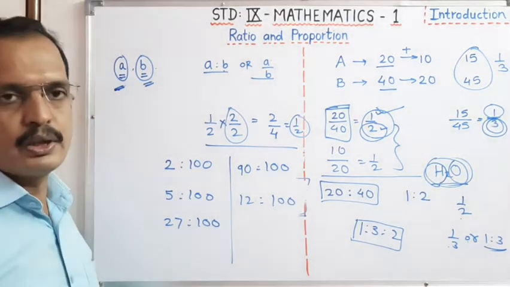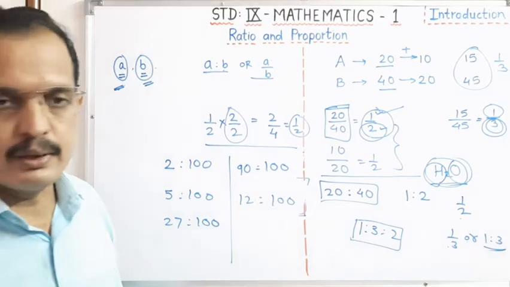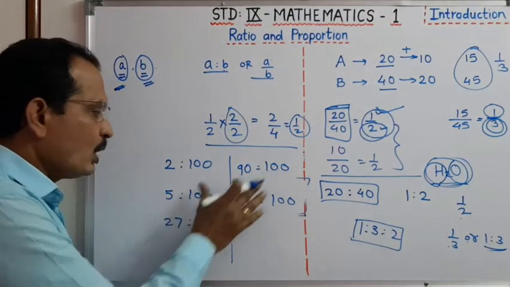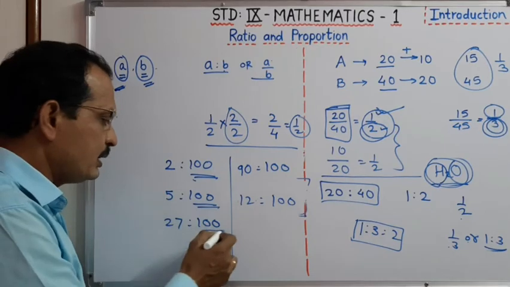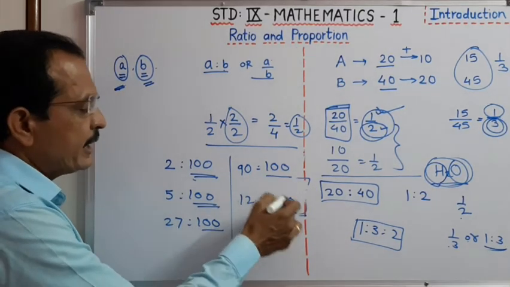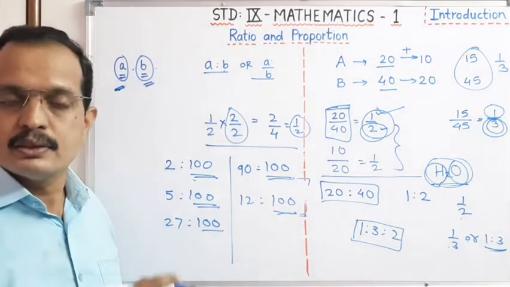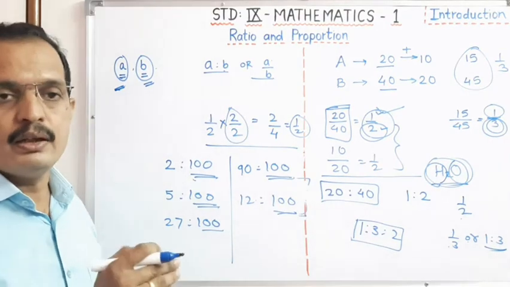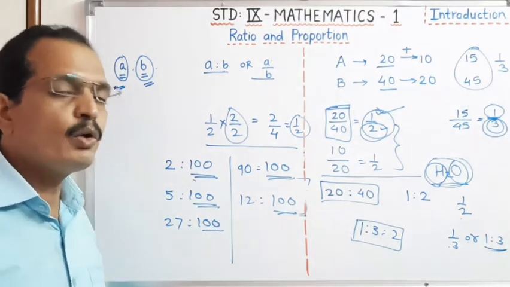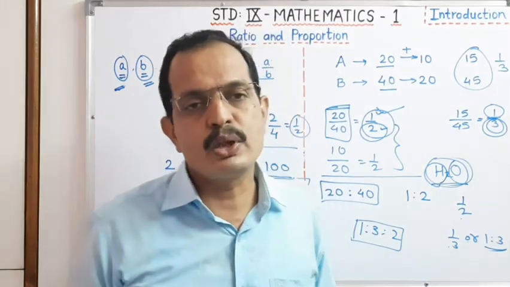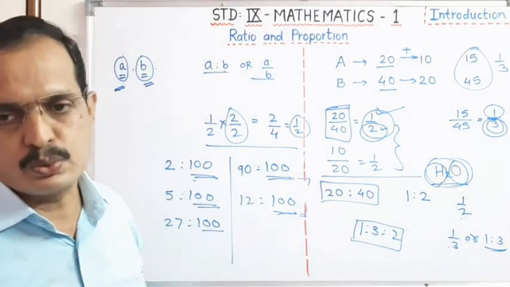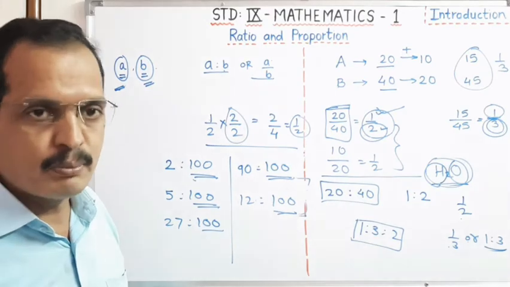Now dear student, if we observe all these ratios, one common thing you observe in all of them is that the second quantity is 100. When in a ratio the second quantity is 100, that ratio is known as a percentage ratio. Dear student, remember this.